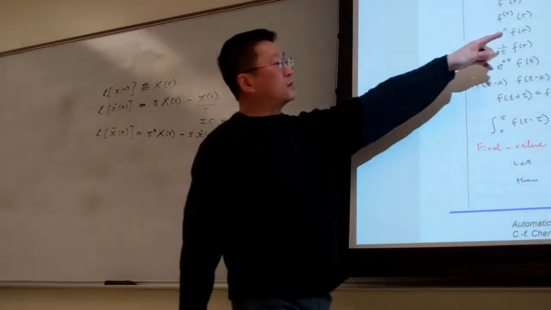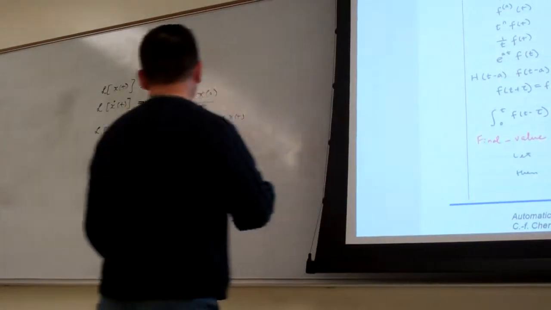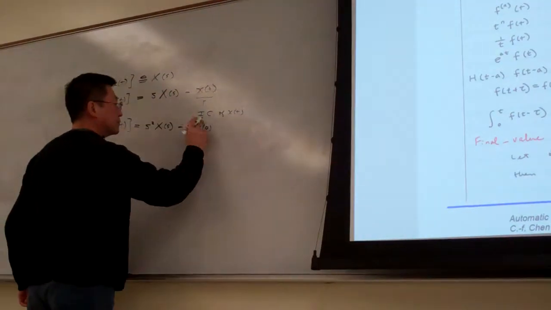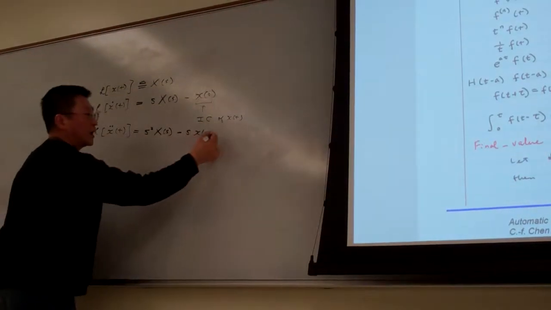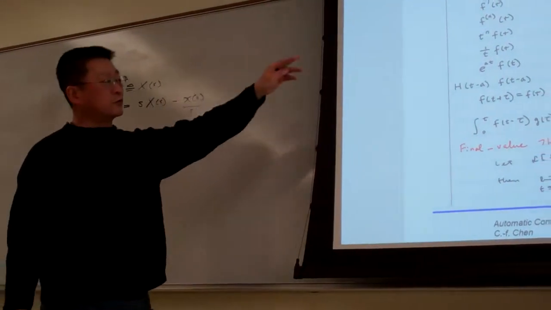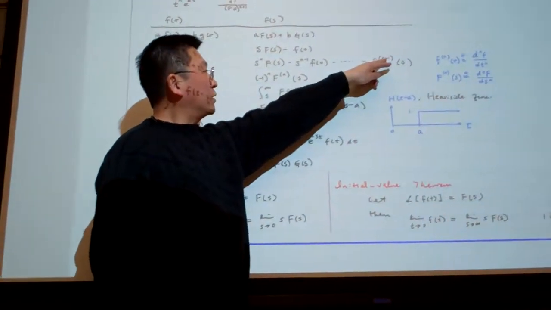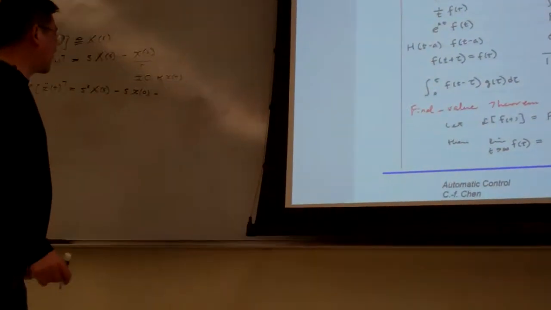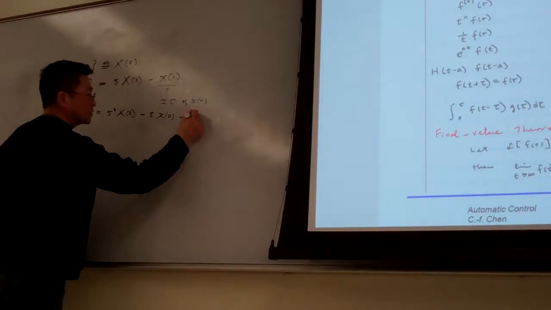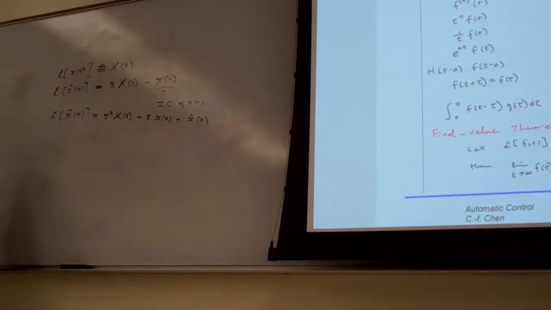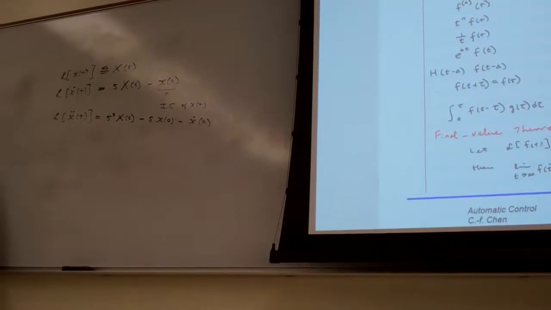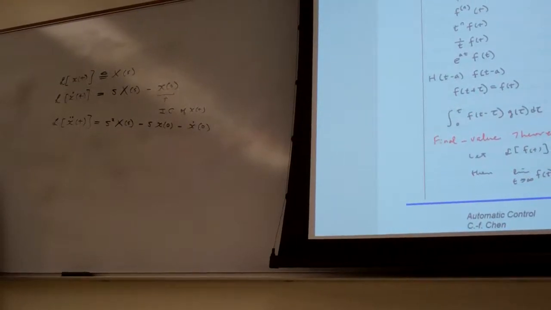You see that one, oh sorry, this one. And then we continue to the very end. So when n equal to 1, the last term is the first derivative of this one. Very good? Yes or no?